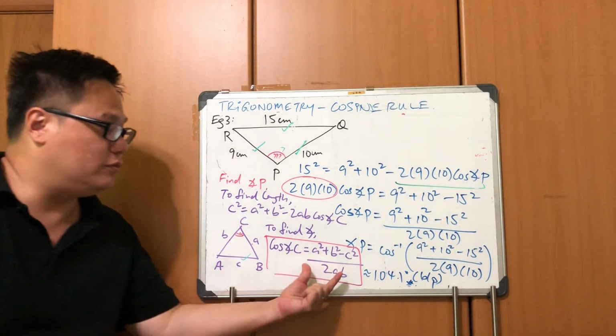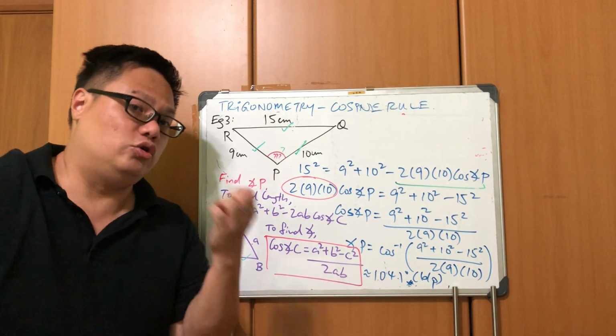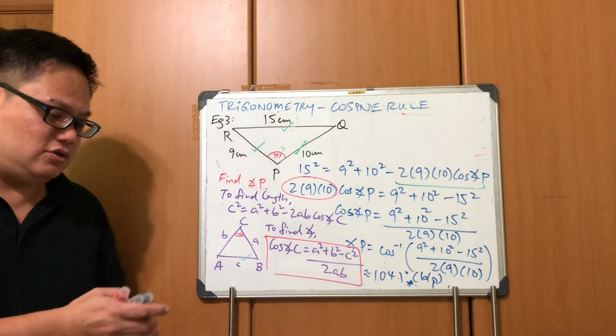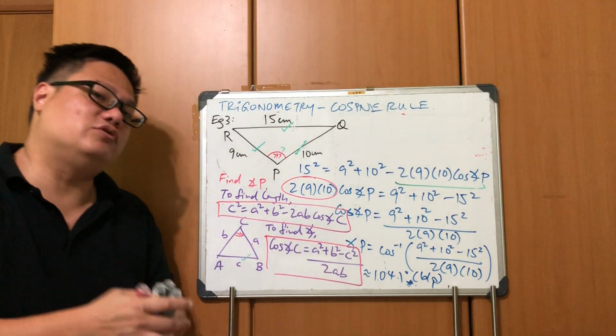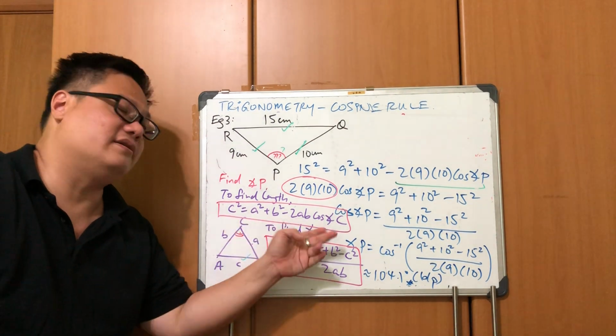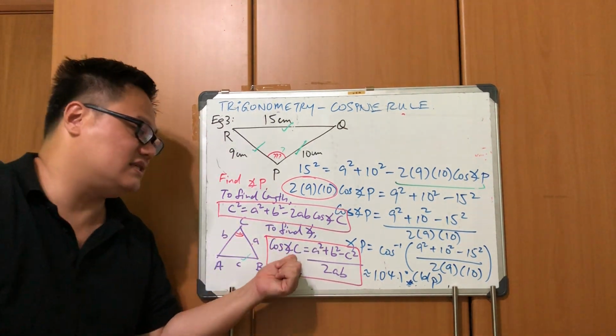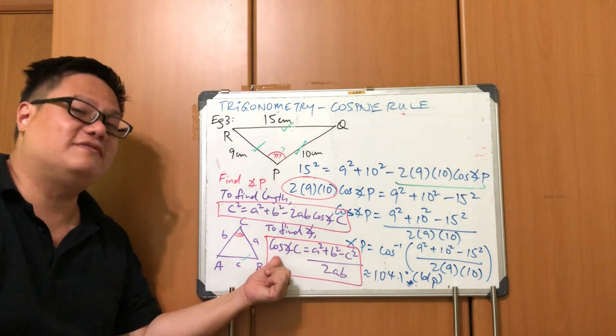But please remember, after you punch the right hand side, remember to inverse cosine, shift cosine of it, to produce the angle. So I say again, to find the length, you use what I introduced earlier in my first video clip, c squared equals a squared plus b squared minus 2ab cosine angle C. To find angle, we use the second one, a squared plus b squared minus c squared over 2ab. Then remember to shift cosine after that.